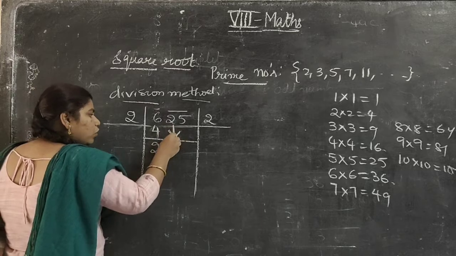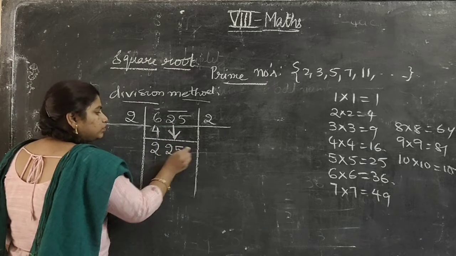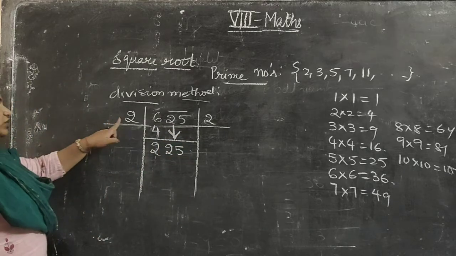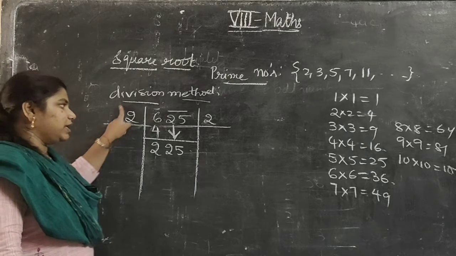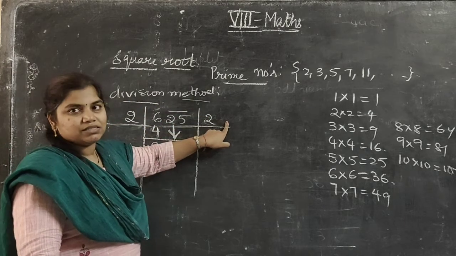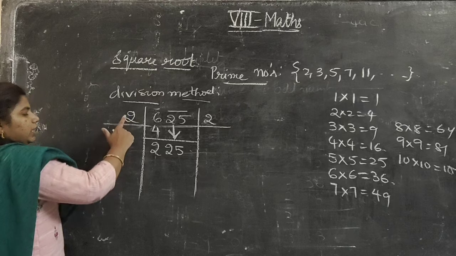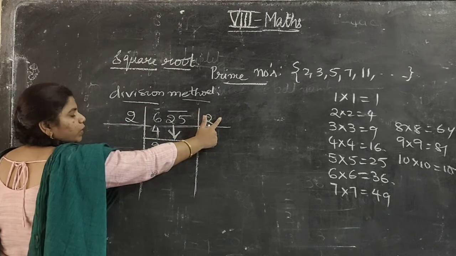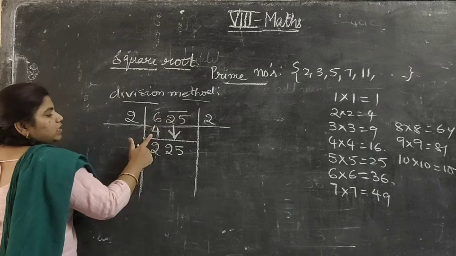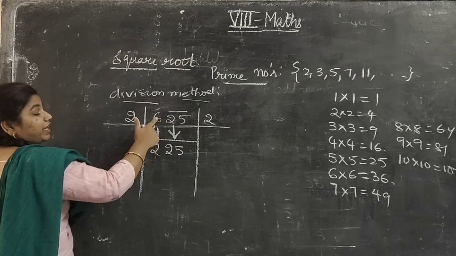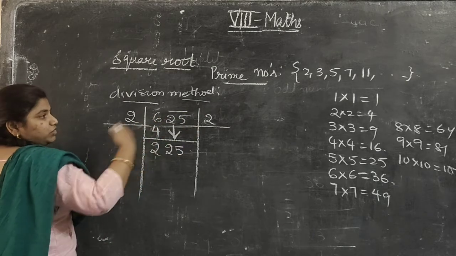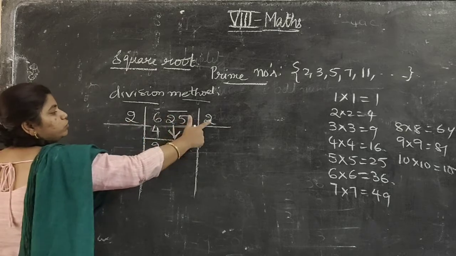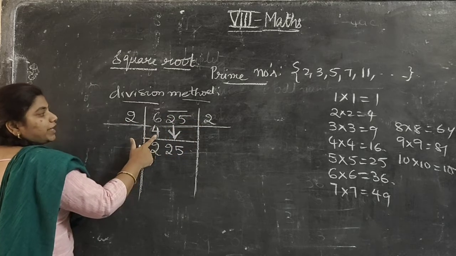Bring this whole pair down. Whichever number you multiply on this side, the same number should be multiplied on the other side also. If you take 1, here also you multiply with 1 only. 1, 1s are 1. You can choose the next number, 2, 2 2s are 4, that is also a correct option.